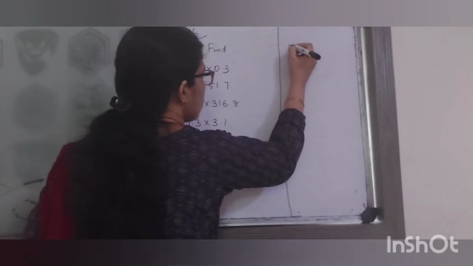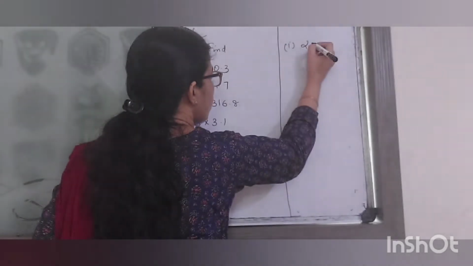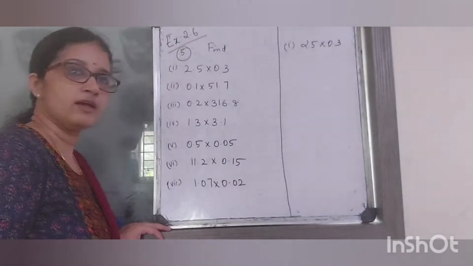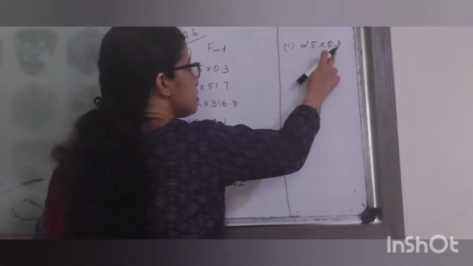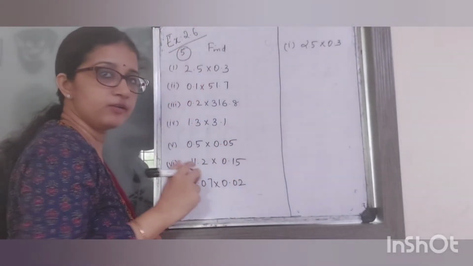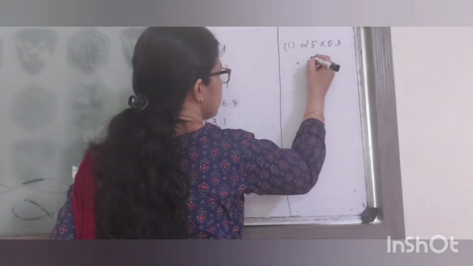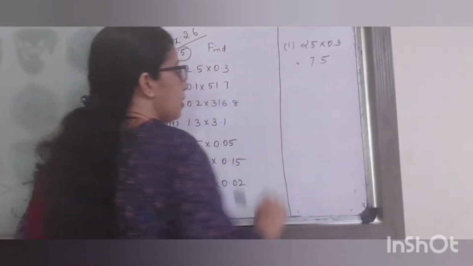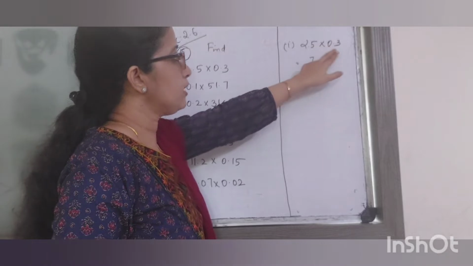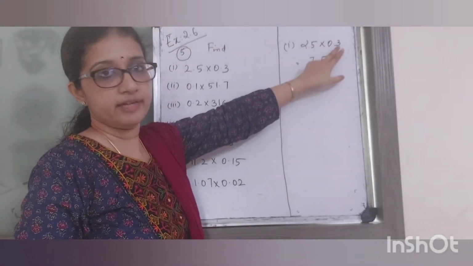So the first problem is 2.5 into 0.3. Okay, so if we ignore these two decimal points, what will we get? 25 into 3. What is 25 into 3? It is 75. Okay, 75. But where should we put the decimal point? See the question, both the numbers have a decimal point, right?